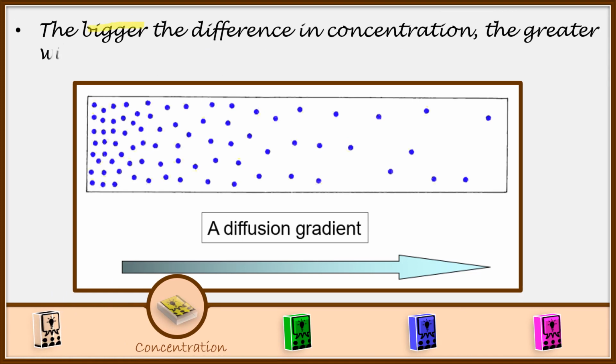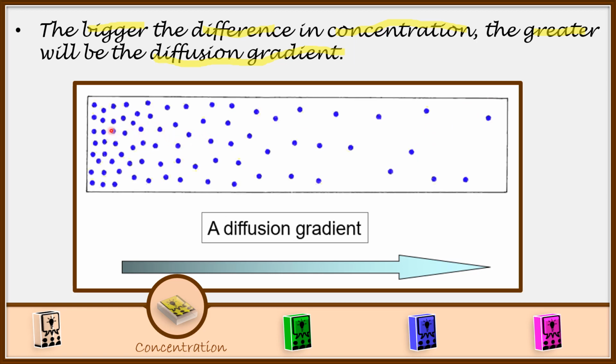The bigger the difference in concentration, the greater the diffusion gradient. So if we have more substances concentrated here and fewer molecules on this side, that means we now have a greater concentration gradient.